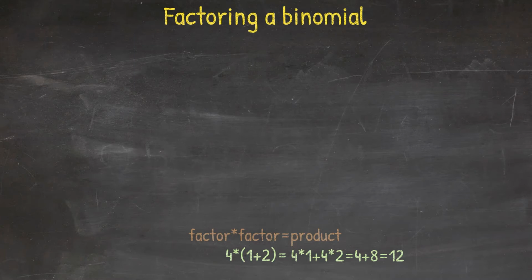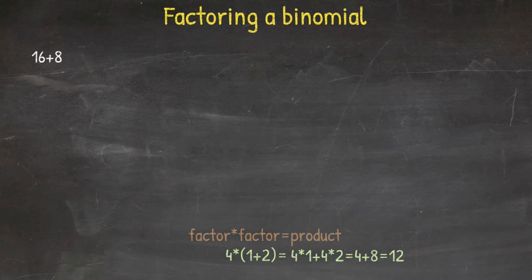Here is an example of a binomial, 16 plus 8. What makes it a binomial is that it has two terms, 16 and 8. If we were asked to factor this binomial, here is what we're trying to do. We want to identify a common factor for both of these terms and then see what we can do with this.